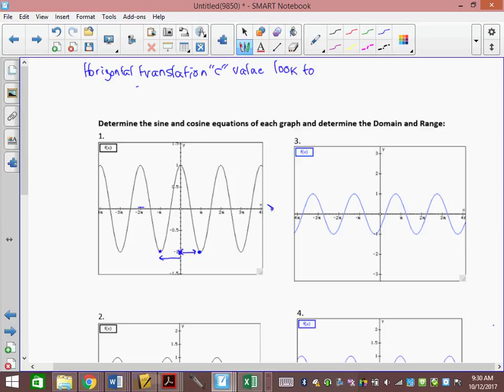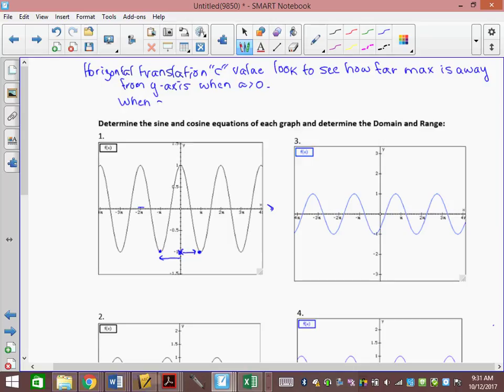Look to see how far the max is away from the y-axis when a is greater than 0, right?